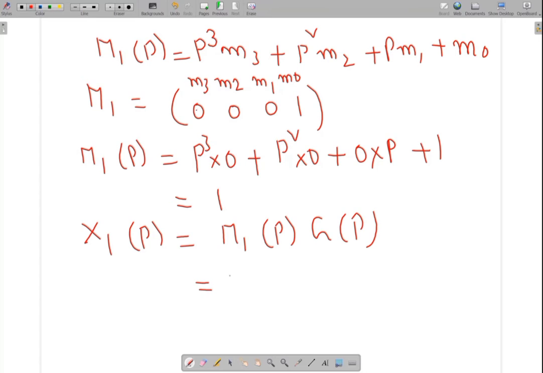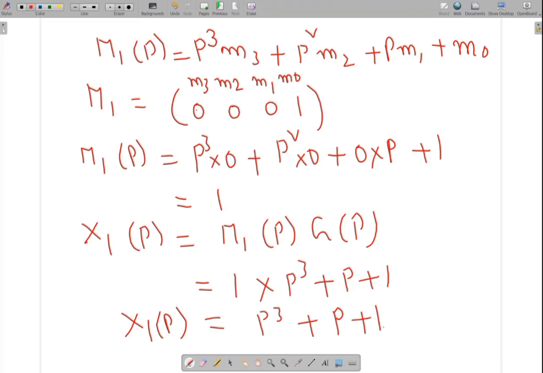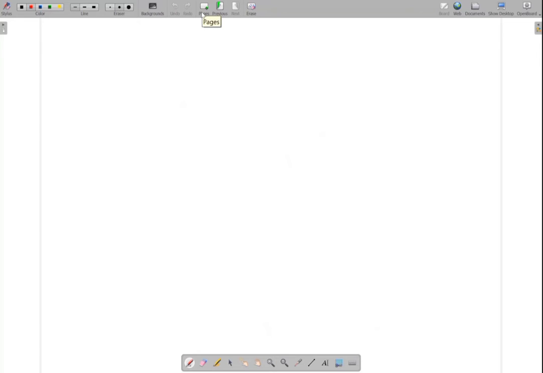Here m1 of p is 1, g of p is p cube plus p plus 1 for the given generator polynomial. Therefore x1 of p is equal to p cube plus p plus 1.